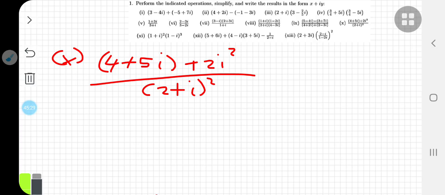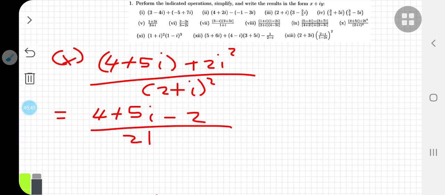So from here, I'll start with simplifying the numerator there. I'm going to have 4 plus 5i, then minus 2 there over (2 plus i) squared.